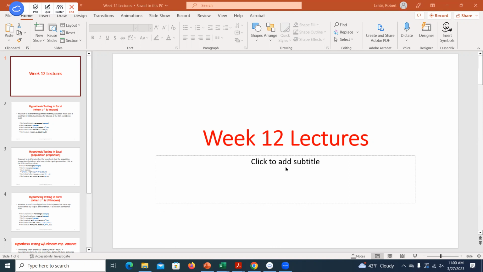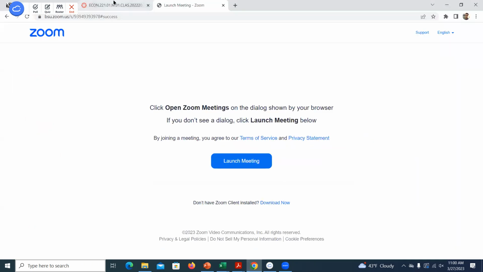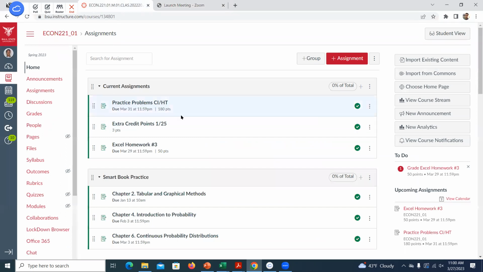Also, before I forget, a couple of people asked about the practice problems. I know it says it has points. I can't turn that off for whatever reason. It's not a feature. You don't have to complete this if you don't want to. It's just some problems I put together from that Connect platform, if you want some additional practice working through hypothesis testing problems.